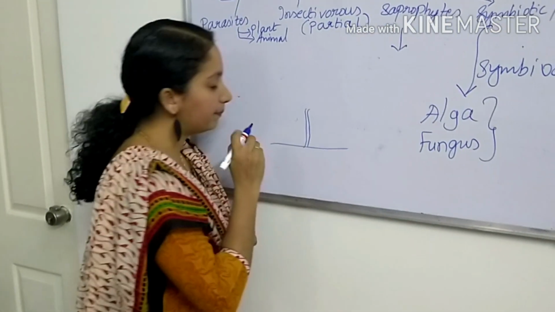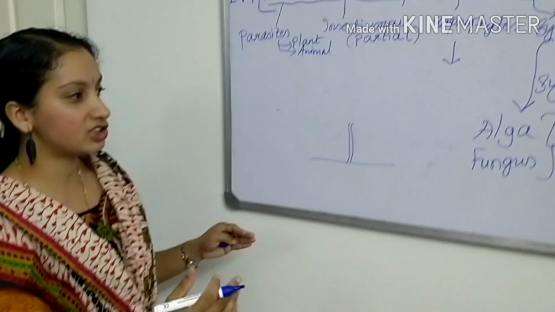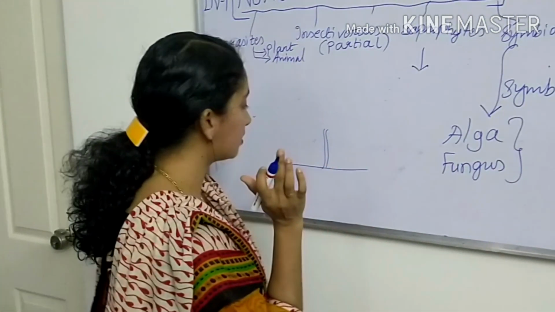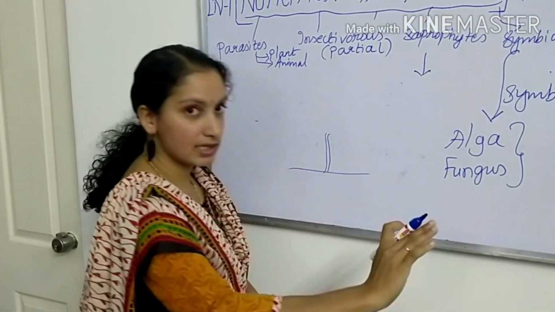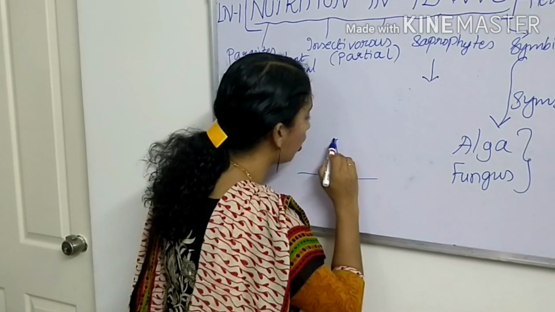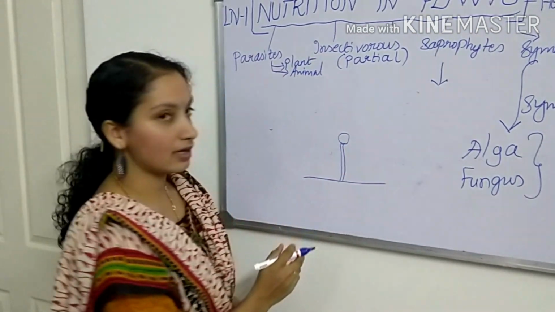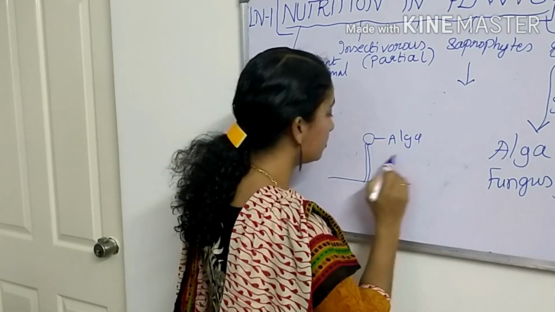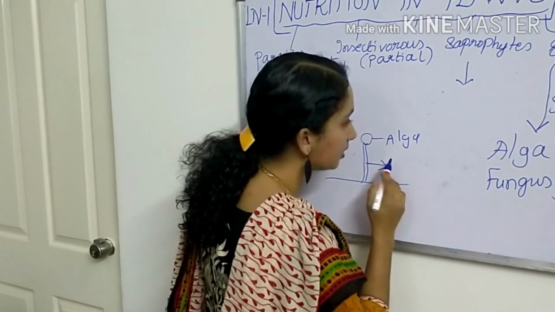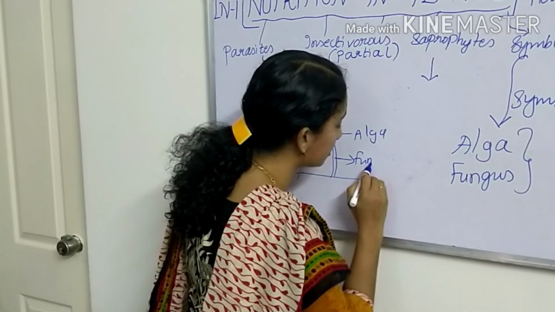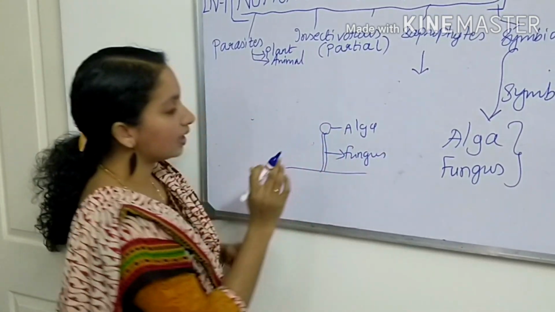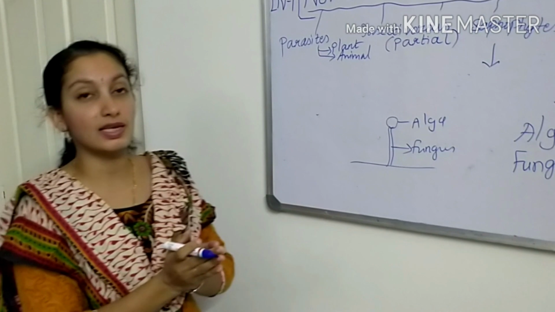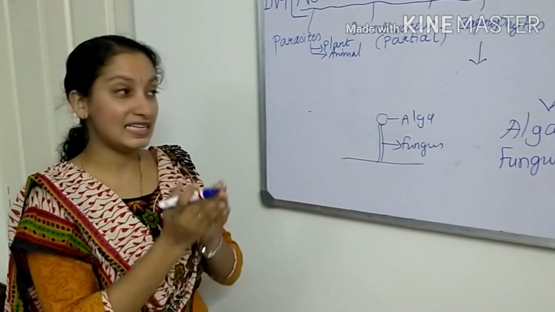There will be a web-like hyphal formation by this fungus, a mat-like structure, and on the top this alga can be seen. So this is the alga and the bottom part is representing the fungus. So like this, both are living together to make benefits for each other.